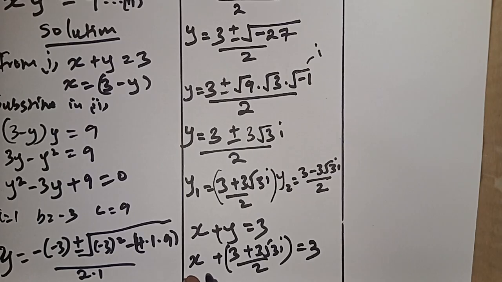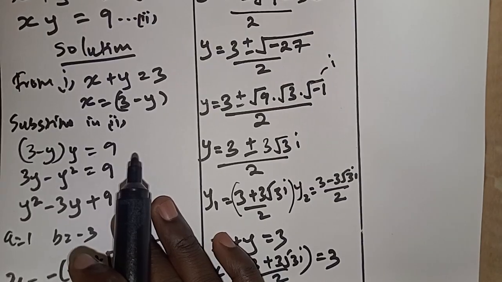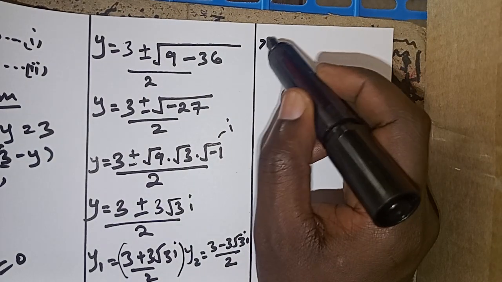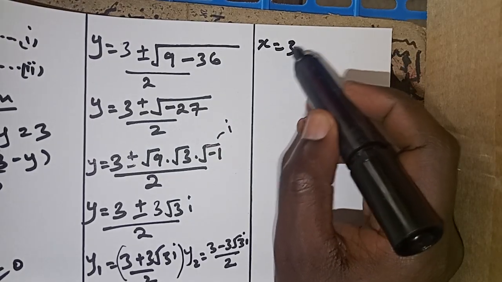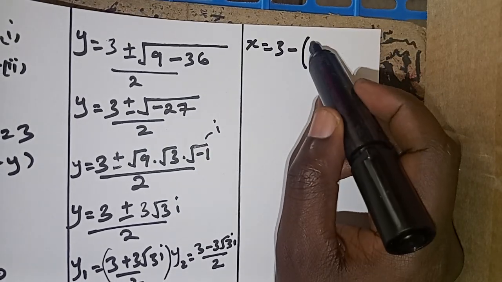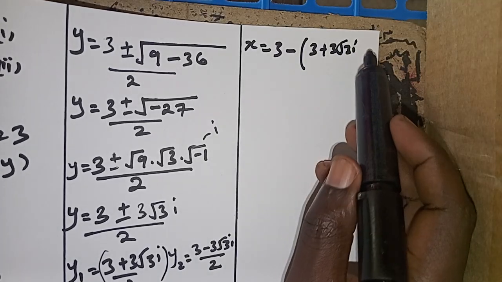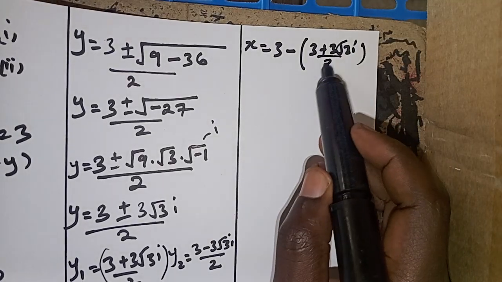For me to remain with the value of x, I want to take all this to the other side of the equation, so that x now becomes 3 minus (3 plus 3 root 3 i) divided by 2.